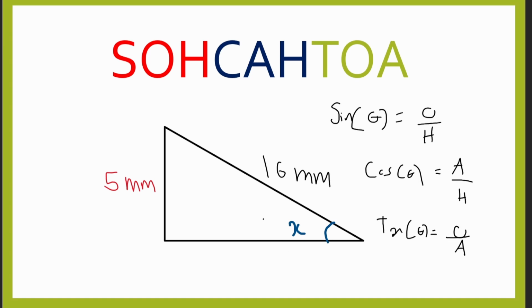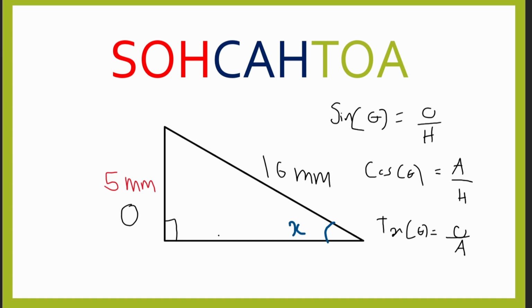So let's look at this problem here. You have an opposite, tick all of these. So you obviously are not going to be using cosine at all for this specific problem. It's a right angle triangle, so you're going to be using a hypotenuse.